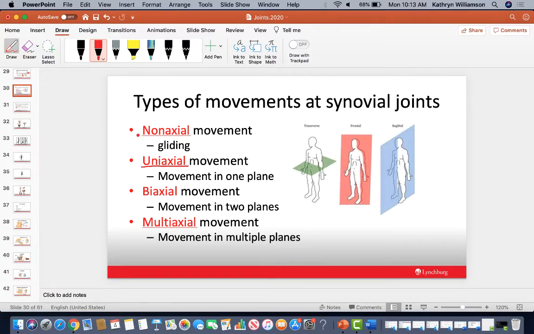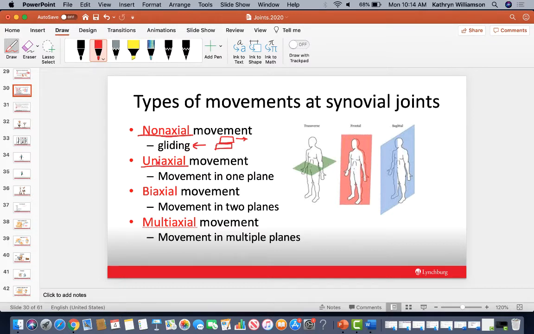If something is non-axial, it means that it doesn't rotate and it's going to be more of a gliding type motion, where you have one flat bone gliding across another one. It doesn't really have an axis of rotation, and that's why we call it non-axial.